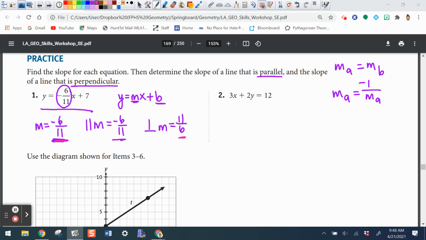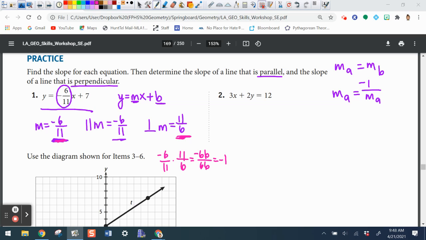So I should be able, just to check, take our original slope, negative 6 over 11, multiply it by our perpendicular slope, and I should produce the number negative 1. So negative 6 times 11, just multiply across, is negative 66. 11 times 6 is positive 66. And negative 66 divided by 66 is a negative 1. So that's how we know we got the correct perpendicular slope from our original equation.